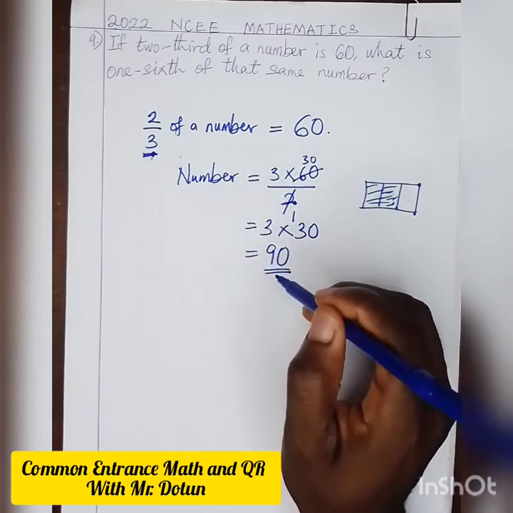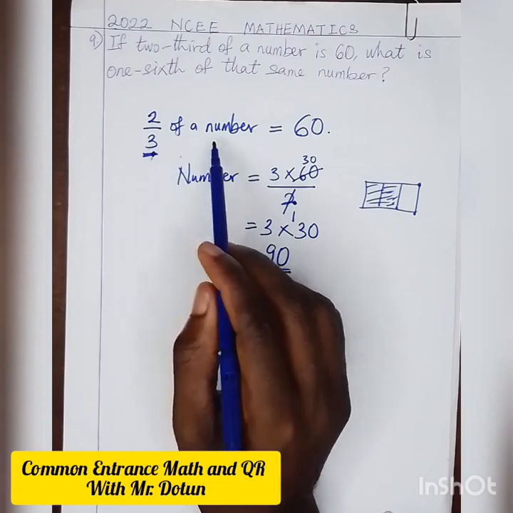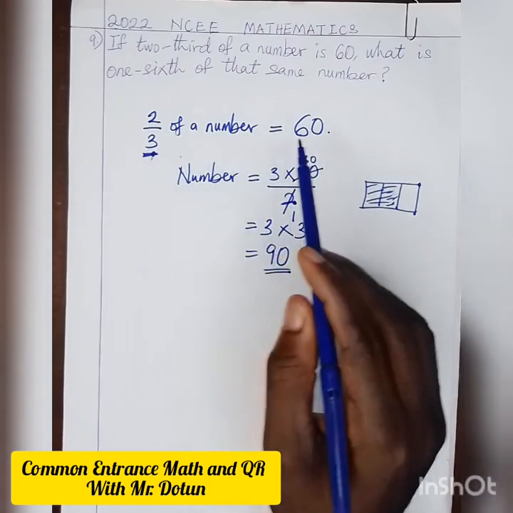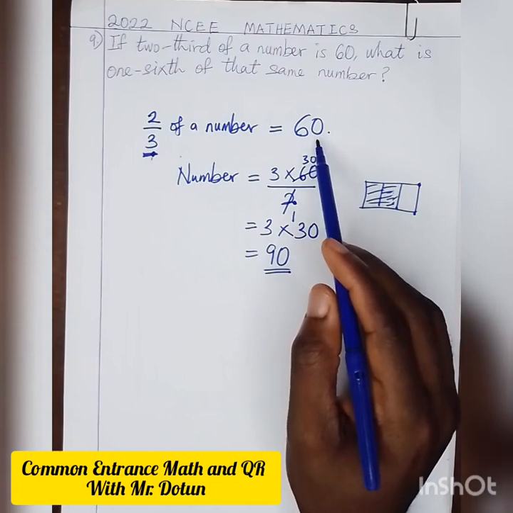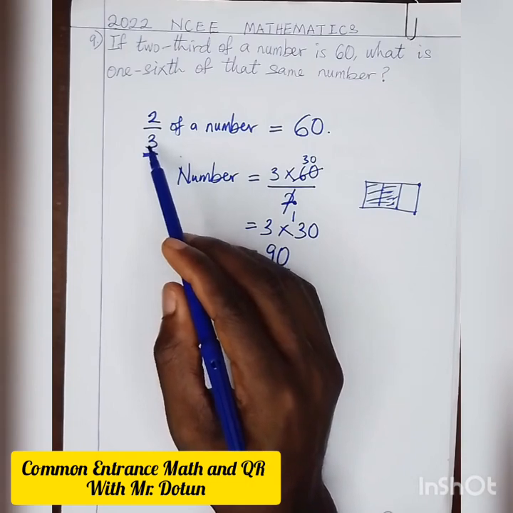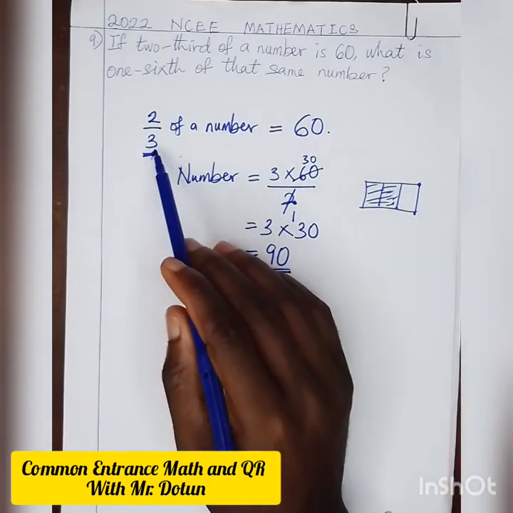The number is 90. Remember, when you have a fraction of a number equal to a quantity, and you're looking for that same number, all you need to do is flip the fraction times the quantity.